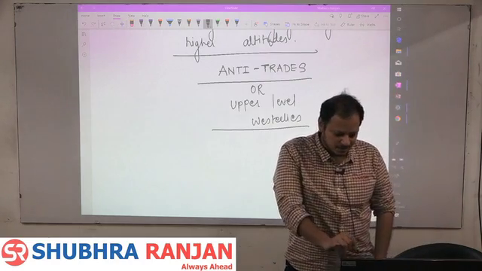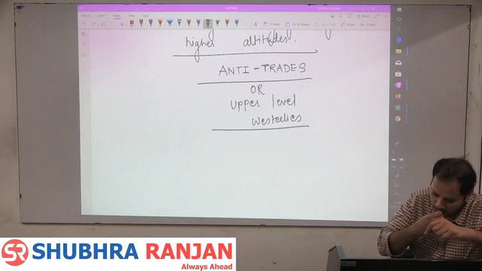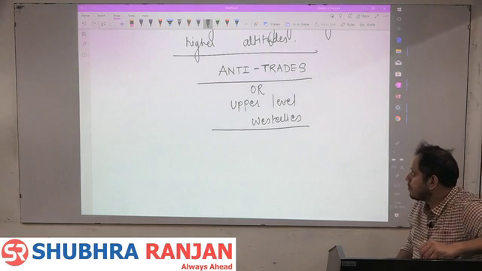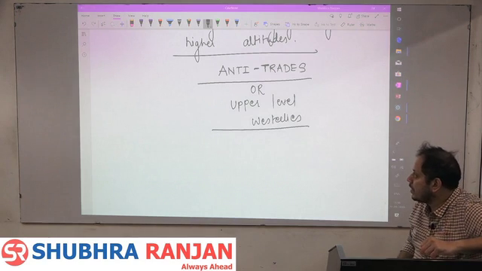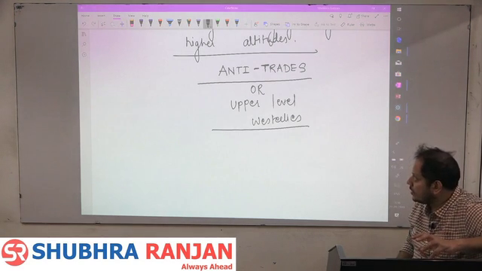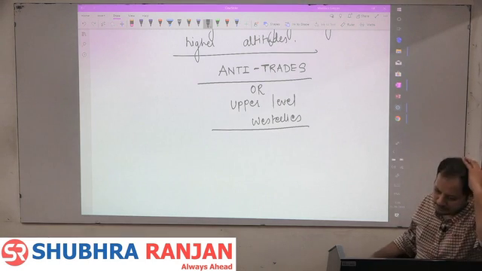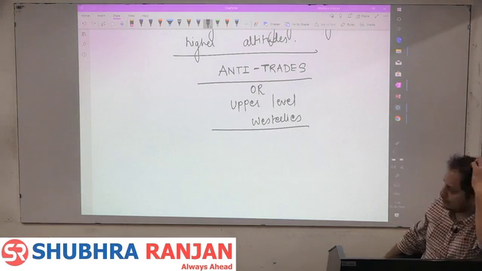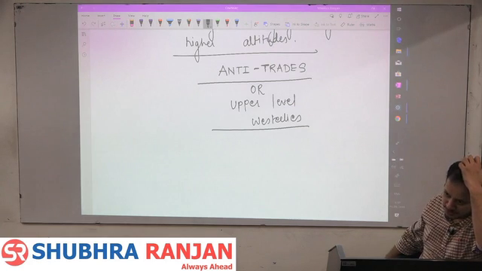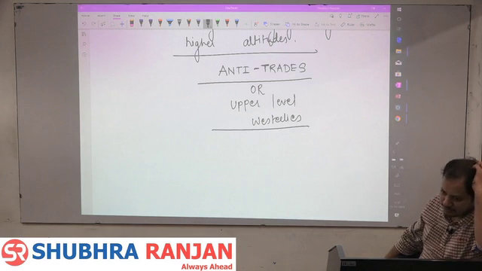And hence the ships used to throw away the horses due to weak wind systems.